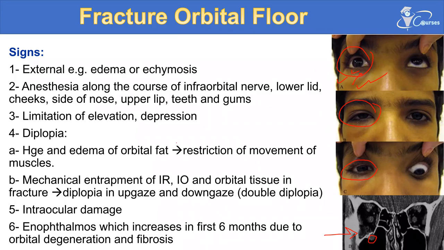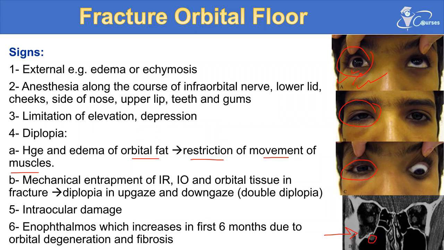There will be limitation of elevation or depression, or both of them together. There will be diplopia, and the diplopia can be due to many reasons. It can be due to hemorrhage and edema of the orbital fat. So this will cause restriction of the movement of the muscle, like a contusion, just edema after the trauma, but with no actual entrapment of tissues.